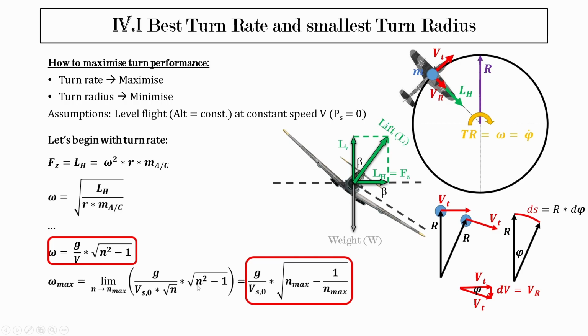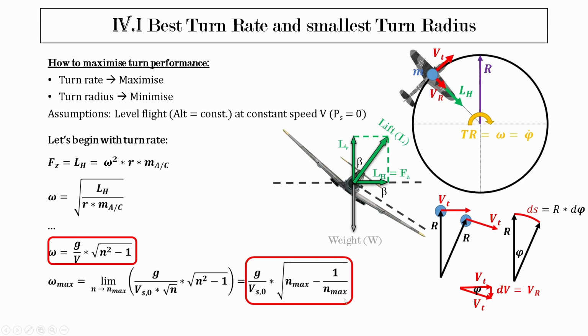If we were to plug in infinity here in this equation, as I said, instead of n max you would have n written here, and then plug in infinity, then we would get an infinite turn rate, which obviously makes sense because an infinite, let's say, load factor is sort of representative of an infinite centripetal force, and hence we would have an awesome turn rate.